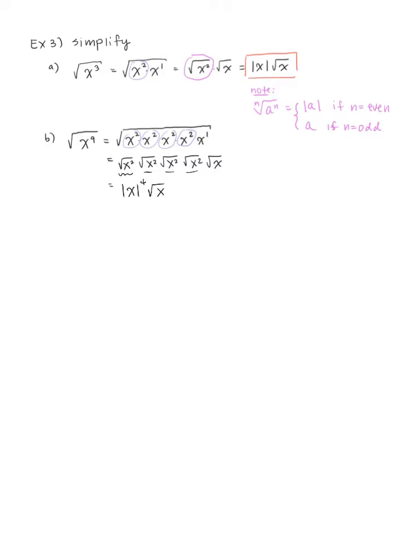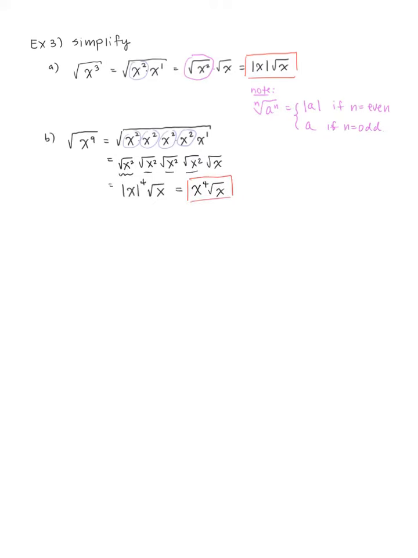Do you see that no matter what the x value is, either positive or negative, if you put that in absolute value, it's always going to be a positive number. Now, a positive number to the 4th power is positive no matter what. So in that case, you drop that absolute value and leave it as x to the 4th times the square root of x. So that's going to be the answer.